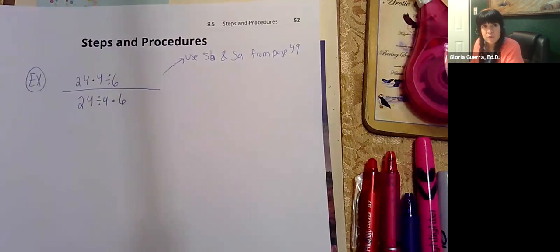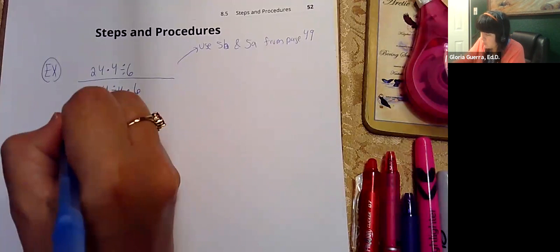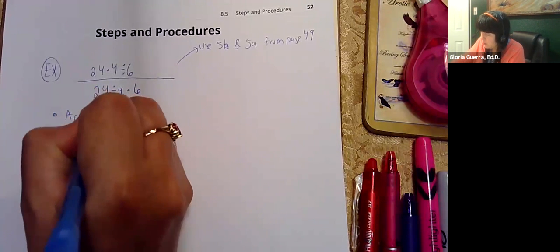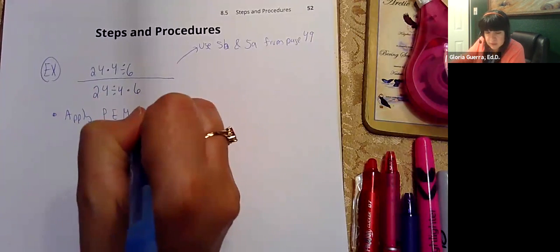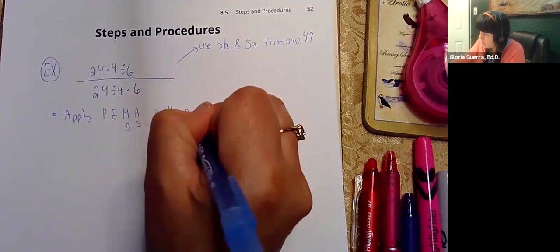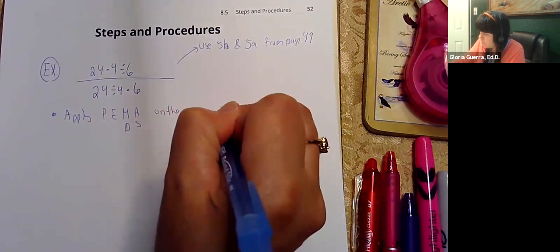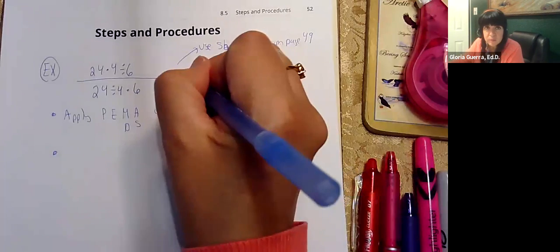Okay, so for these problems, what you have to do is apply PEMDAS, Please Excuse My Dear Aunt Sally, on the numerator. And then you're going to get a little answer.